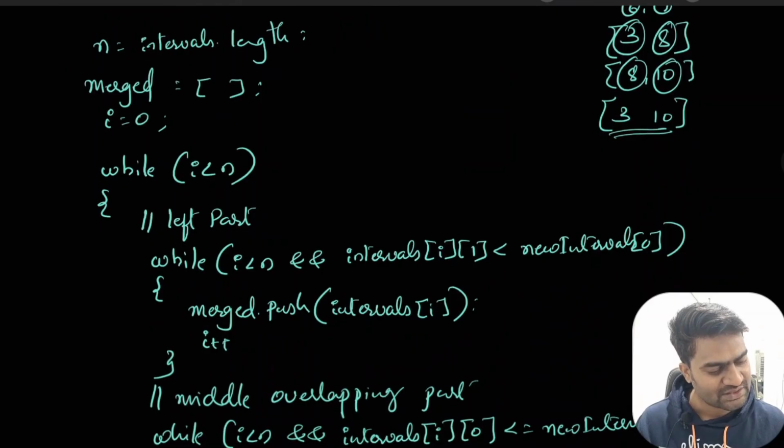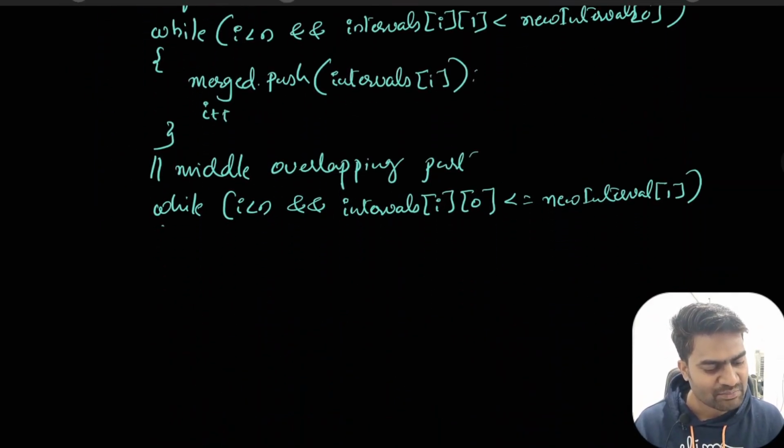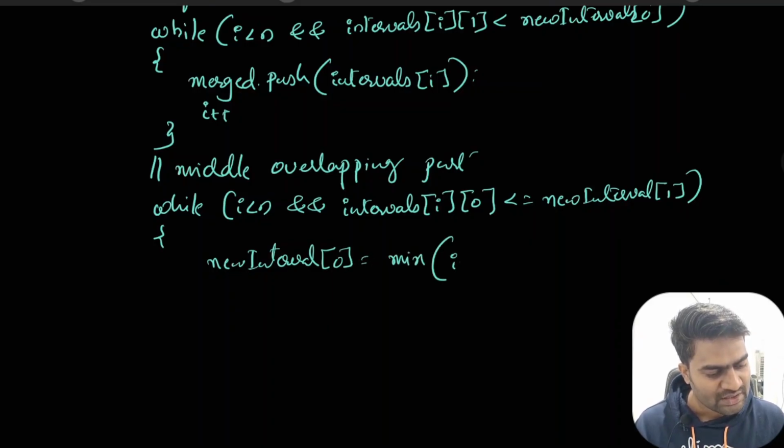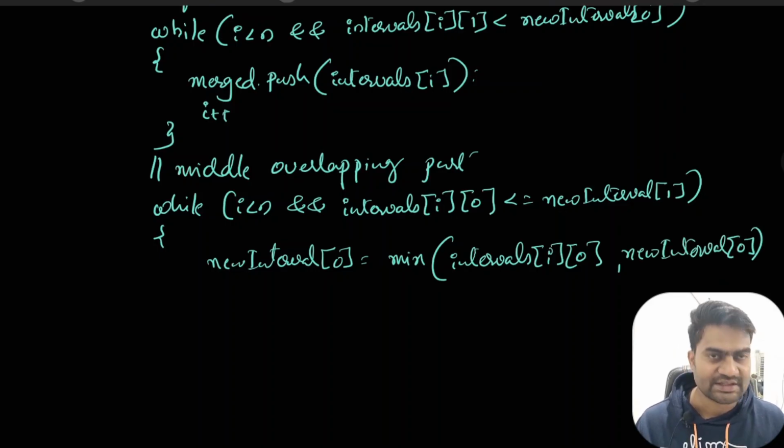So I will use the same condition. Then I will simply update my new interval. New interval of 0 equals the minimum of intervals of i, 0, comma, new interval of 0.